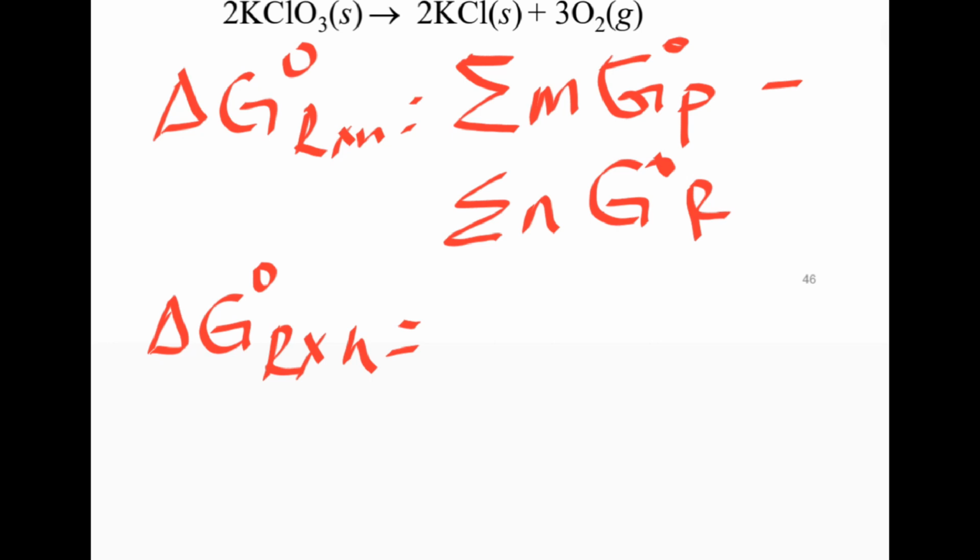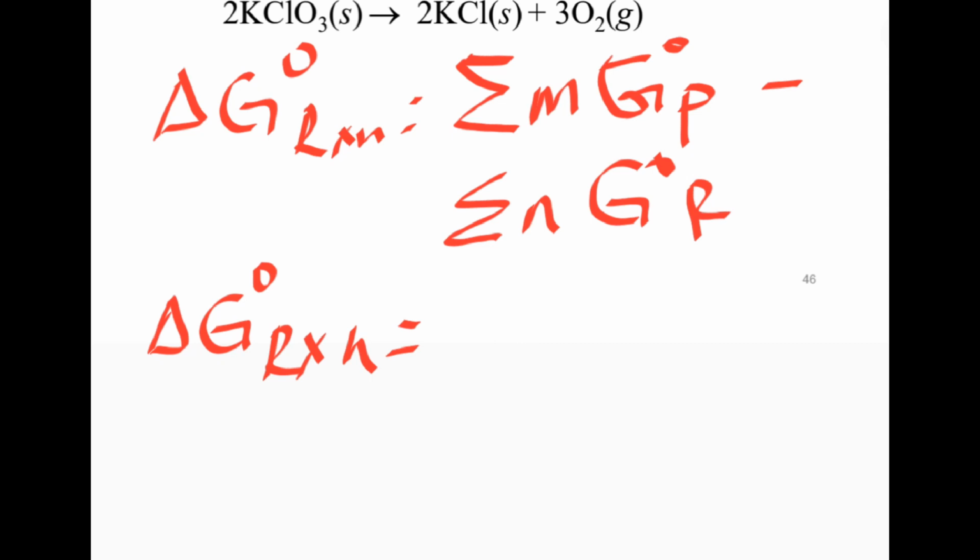But you have to remember the standard Gibbs free energy of a free element in its most stable state is 0. Therefore, because oxygen is a gas and this is the most stable, the standard Gibbs free energy of oxygen is 0.